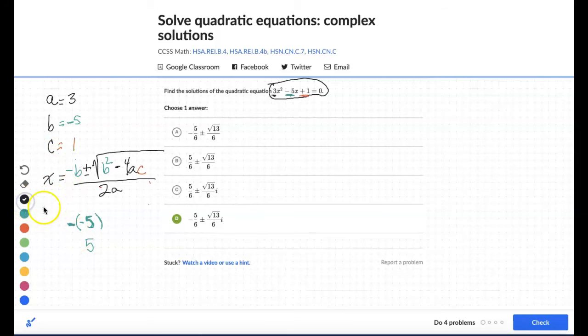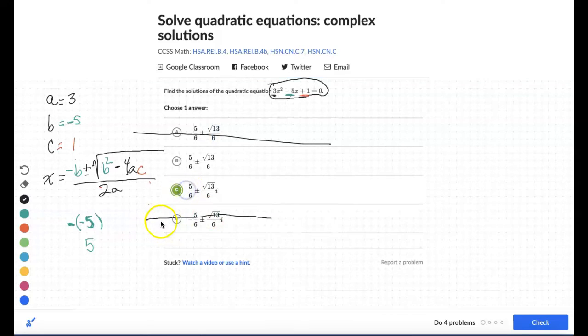That automatically eliminates some of our possible solutions. This negative 5 is not going to work. Neither will this negative 5/6 here. That's also not going to work. So let's see between C and B which one might be the answer.